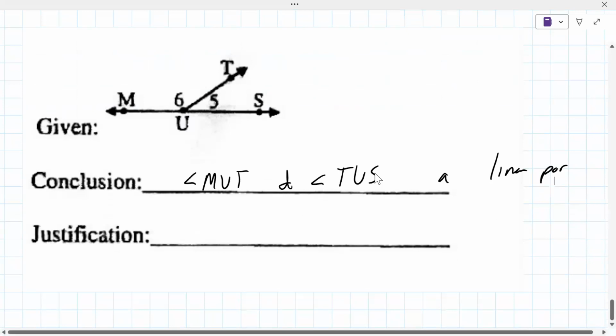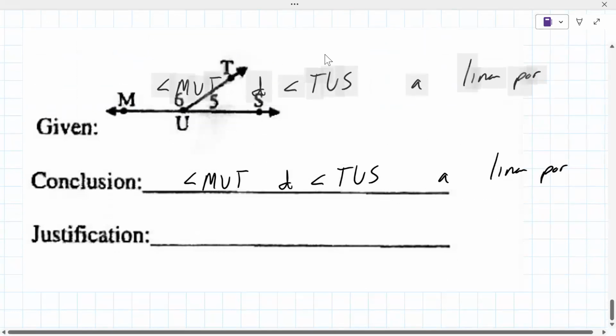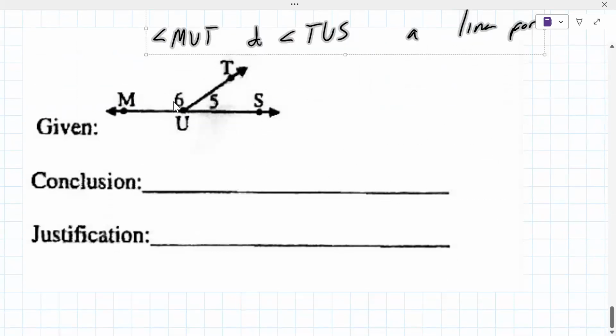All right. Now, the other thing we could do, because we actually don't know for sure, and I'm not saying this wrong, it's just a bad question. We're not sure that this is a straight line. It didn't say it is. It kind of looks like it is. It probably is. So here's the other thing we could say.